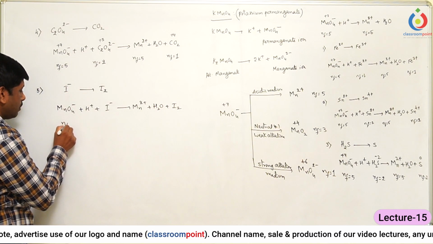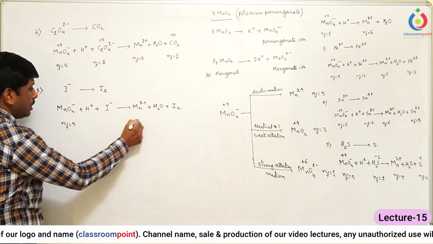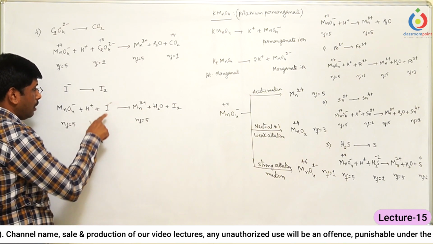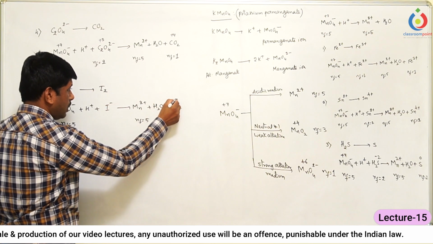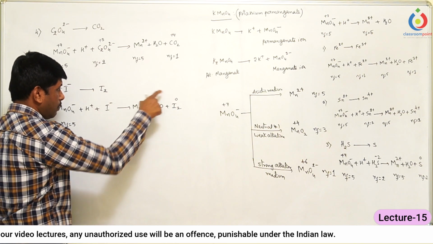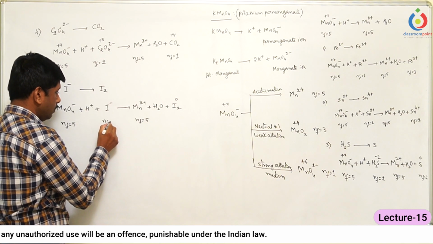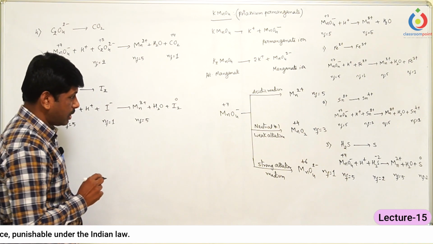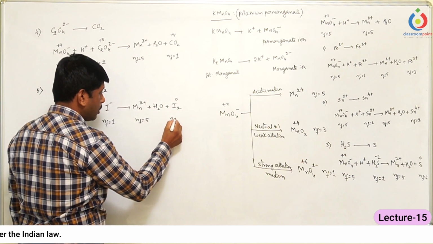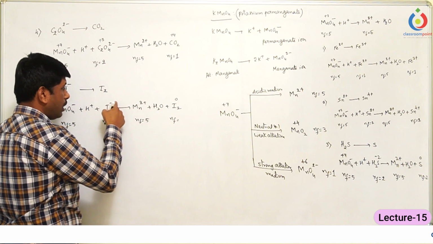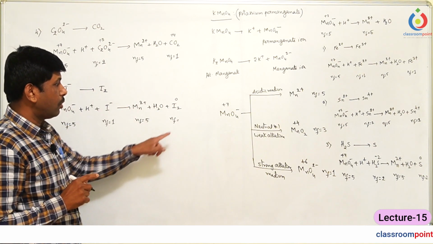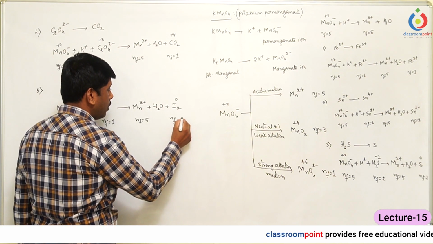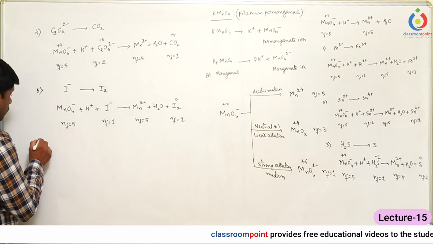So N factor, as we discussed just now, for manganese it is equals to 5 in acidic medium. Here minus 1 oxidation state, here 0. Difference is equals to only 1. So N factor equals to only 1 because only 1 iodide is present. And in case of this one, from here to here difference is 1, but like that 2 iodines are there, 2 into 1 equals to 2. So N factor for I2 is equals to 2.